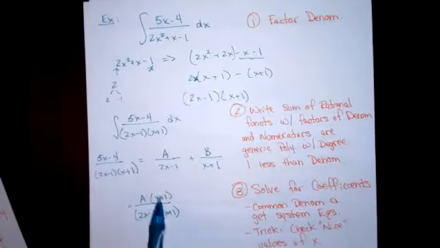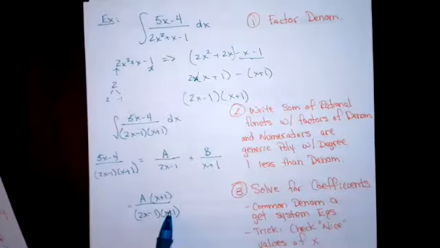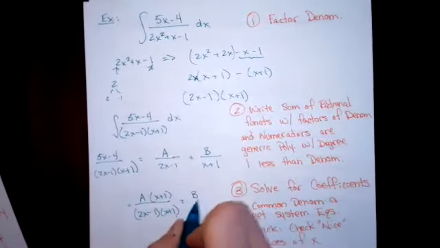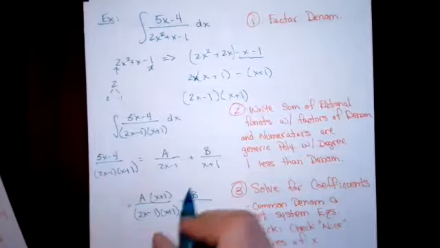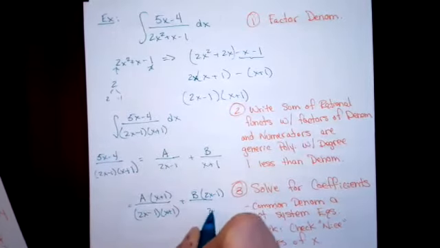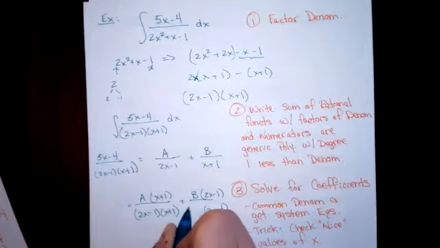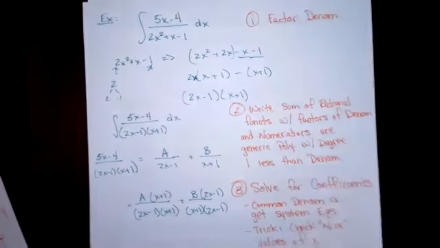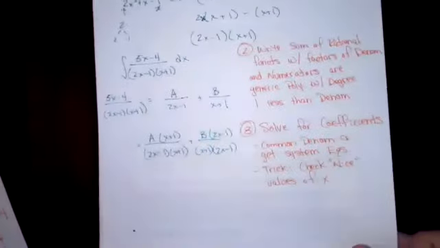So I just multiplied it by x plus 1 over itself. And likewise for the b term, we have to multiply by the other denominator over itself. So 2x minus 1 over 2x minus 1. And let me move that up, make sure we're still on the video.